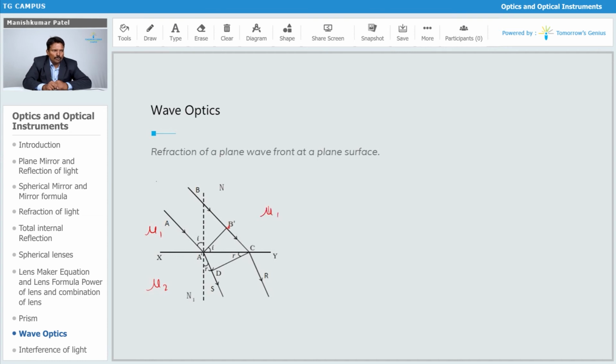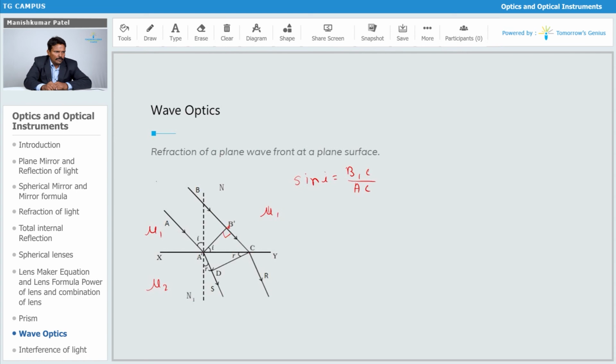In the time by which B1 reaches point C, the second wave from A will reach point D. So this is I, 90 minus I, this is I, and this is also R. Now sine I is the opposite side, B1C, upon the hypotenuse, which is AC.